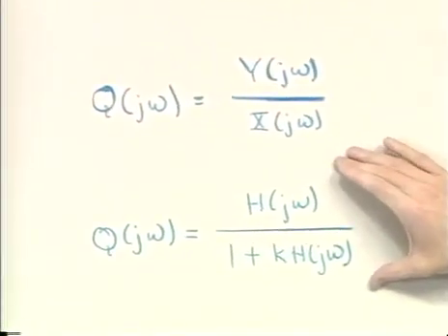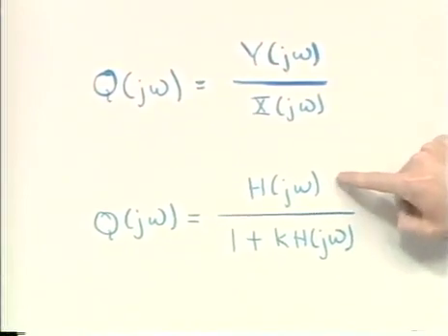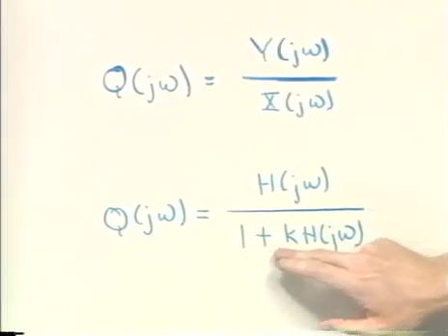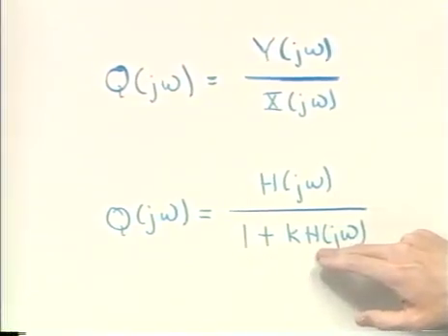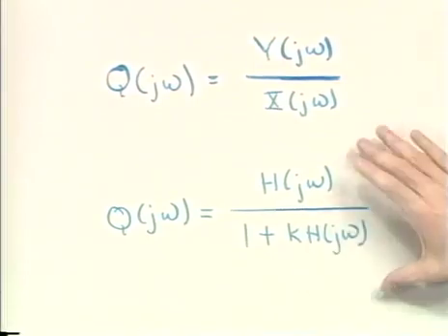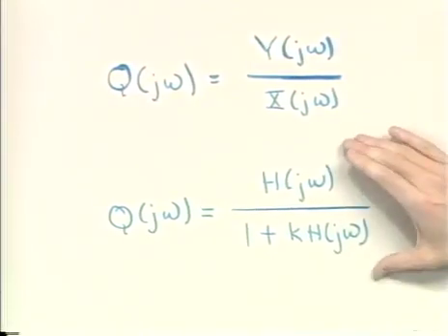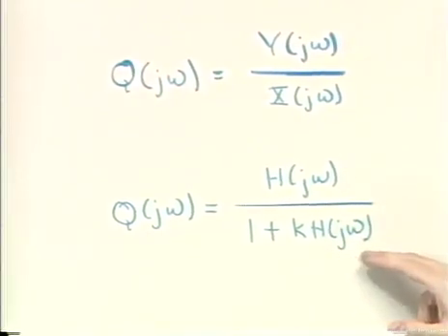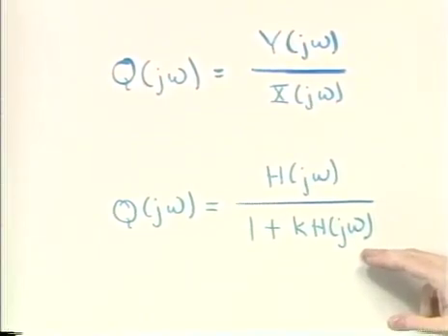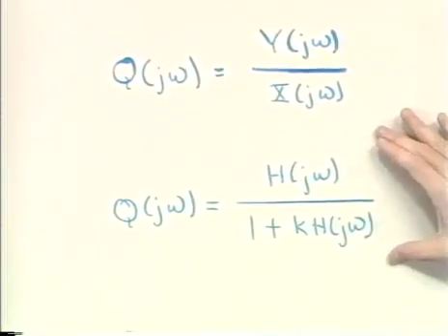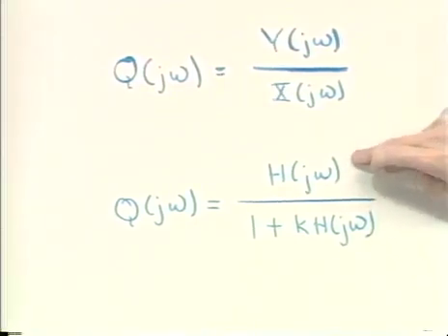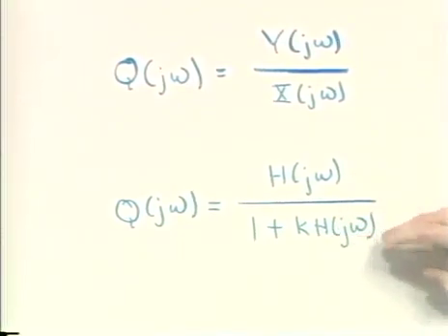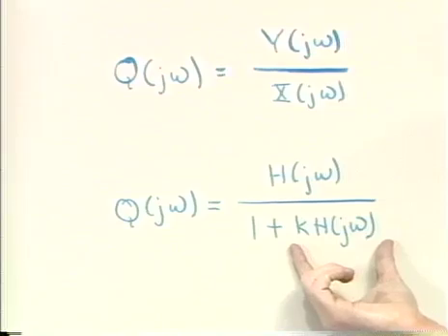Using the feedback equation that we had just derived, that has in the numerator the frequency response in the forward path divided by 1 plus the loop gain, which is H(jω) times K. And this is the key, because if we choose K times H(jω) to be much larger than 1, then H(jω) in the numerator and in the denominator will cancel out as long as this term dominates.